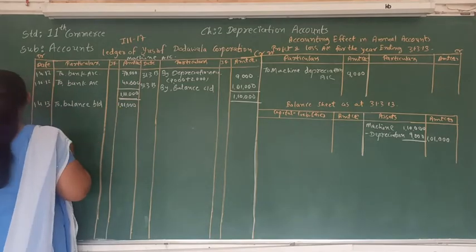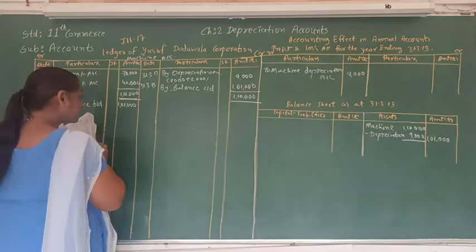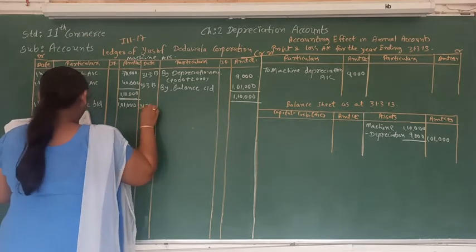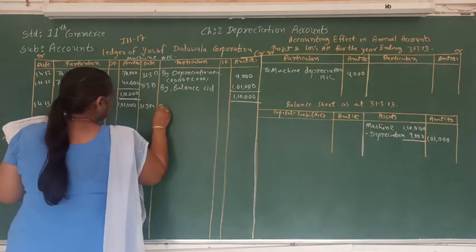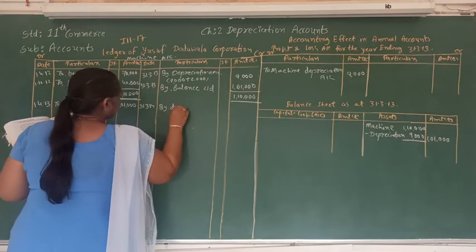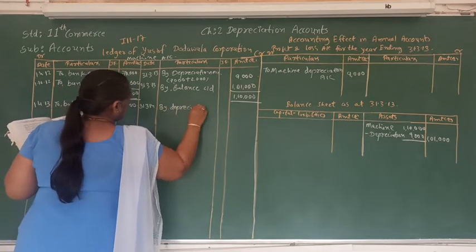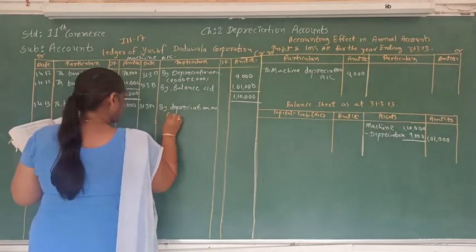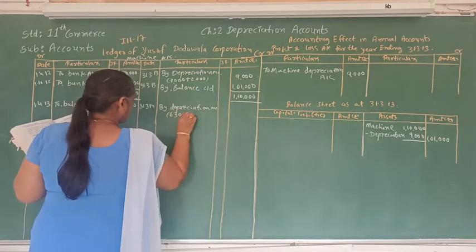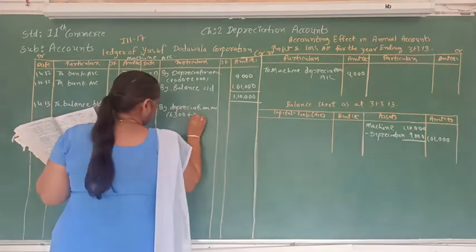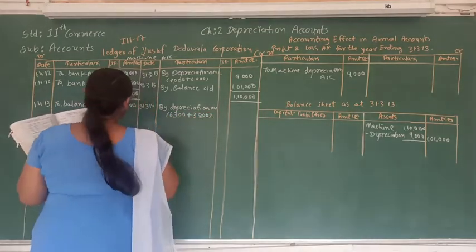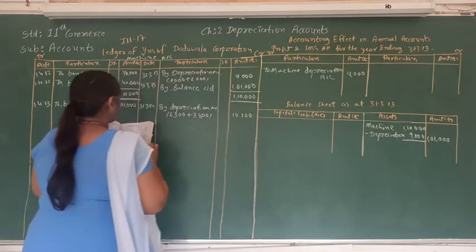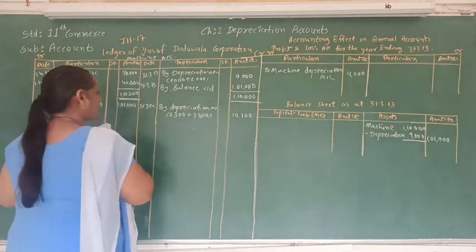At the end of the second year, that is on 31/3/14, we are going to calculate the depreciation for the second year. We have already calculated that amount: 6,300 plus 3,800. So total amount will be 10,100. So this is the depreciation charge on the machine.